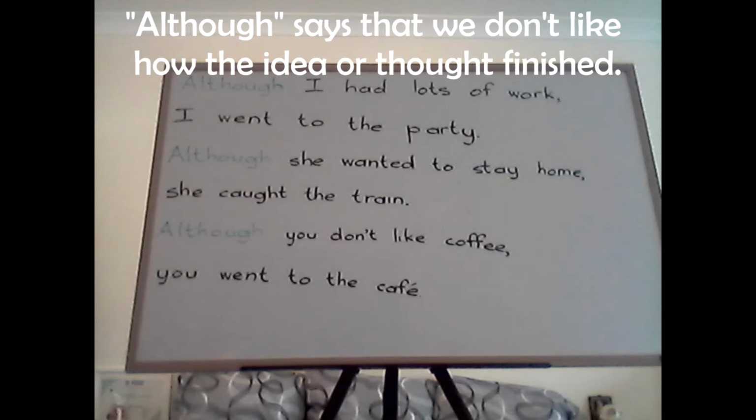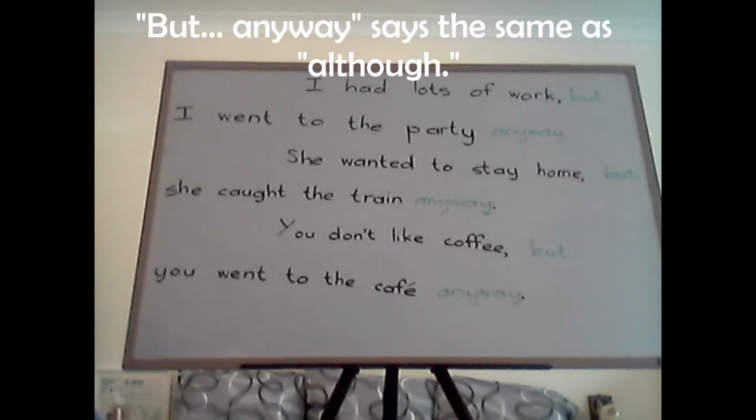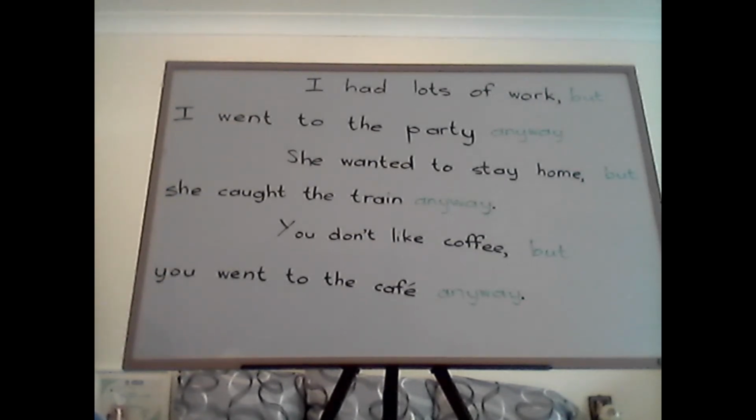We can say each of these sentences in a different way. I had lots of work, but I went to the party anyway. She wanted to stay home, but she caught the train anyway. You don't like coffee, but you went to the cafe anyway.